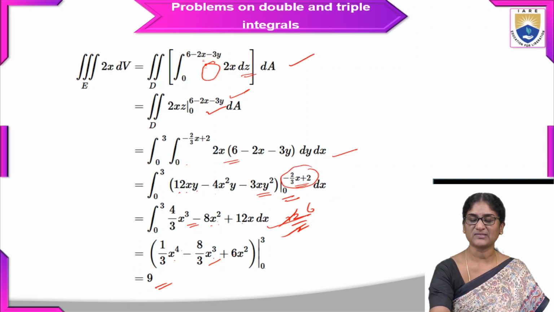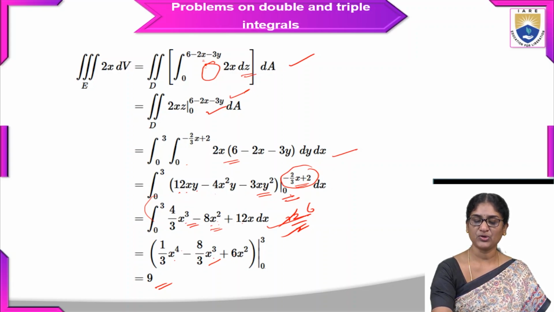Put the upper limit as minus 2 by 3 x plus 2, minus the lower limit, that is 0. So the function is converted into the integral of 4 by 3 x cube minus 8x square plus 12x, into dx. Upon integrating, x cubed integral is x to the power of 4, x squared integral is x cube, and x integral is x square. So 1 by 3 x to the power of 4 minus 8 by 3 x cube plus 6x square.